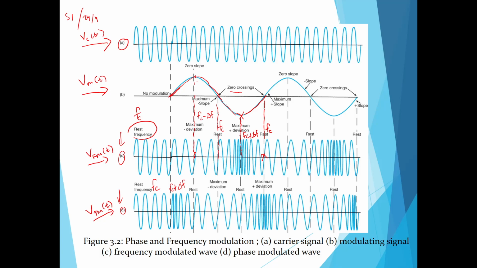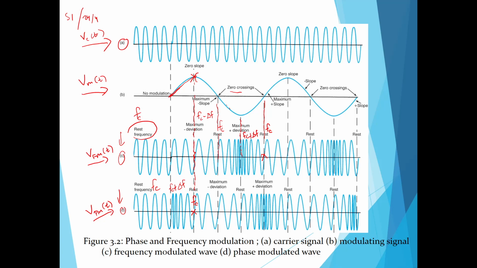Maybe I need to erase the above part. So when the wave achieves the maximum positive, the output would be at rest frequency, which is Fc at this point.